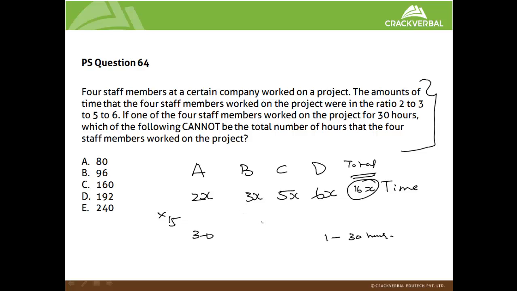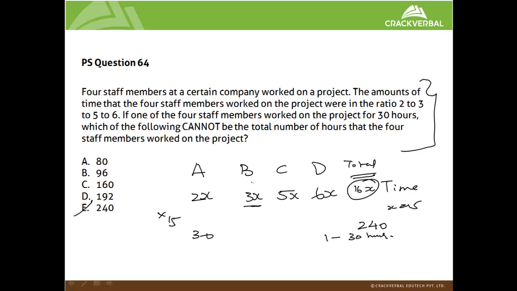If x is 15, then the total time is 16 into 15, which is 160 plus 80, so it becomes 240. So answer choice E, 240, is a possible value, but the question says cannot be. So we can eliminate this.